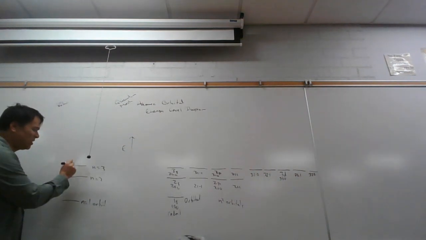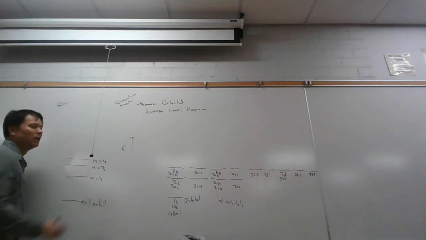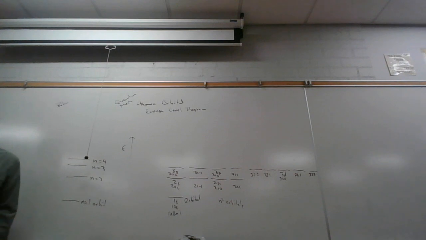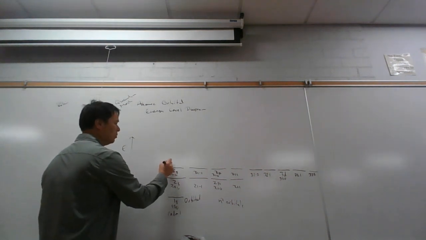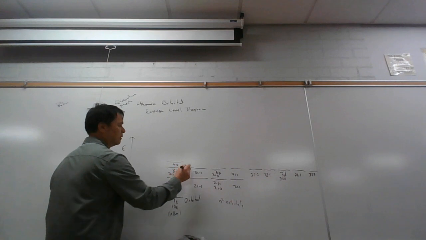Can you guess how many orbitals are going to be in the n equals 4? 16. Okay, now we have different jargon for this. They're going to be a total of 16 orbitals divided into how many subshells? 4. 4 subshells, right? What are the subshells? 4s. 4p.